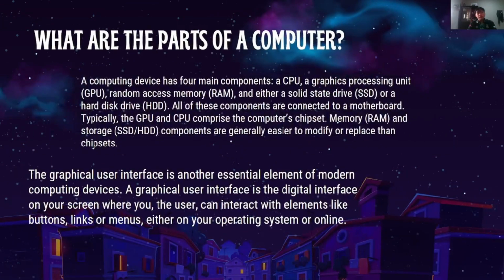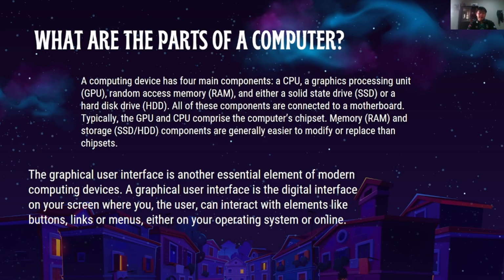Next, what are the parts of a computer? A computing device has four main components: a CPU, a graphics processing unit or GPU, random access memory or RAM, and either a solid state drive or SSD or a hard disk drive or HDD.